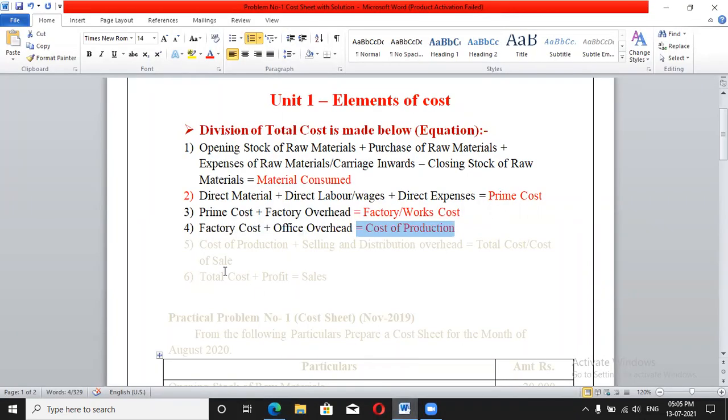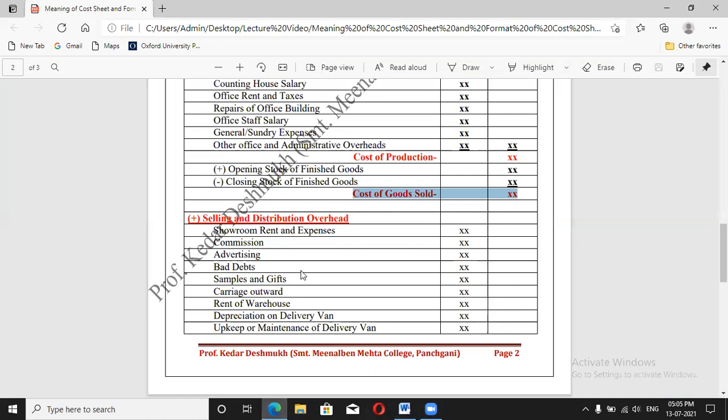Let's see the fifth equation: cost of production plus selling and distribution overhead. When we add selling and distribution overhead to cost of production, we get the amount of total cost, that is cost of sale. You know the format of cost sheet.